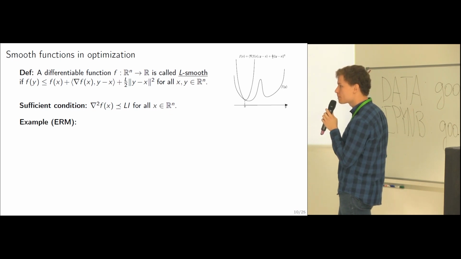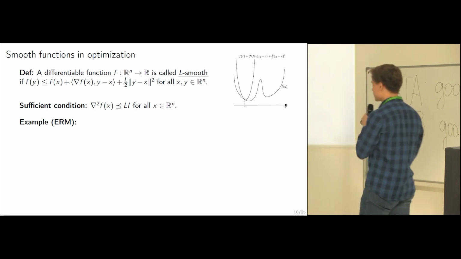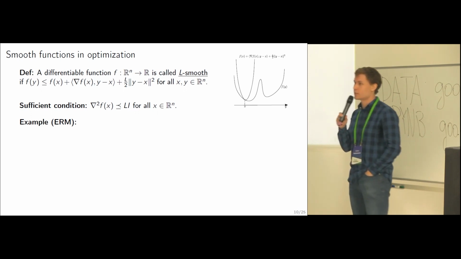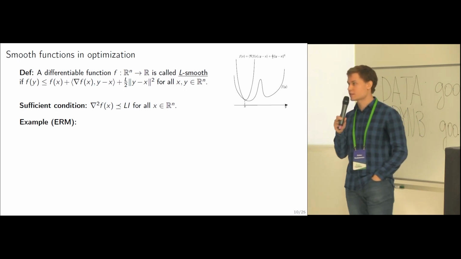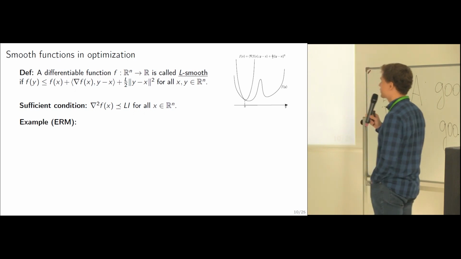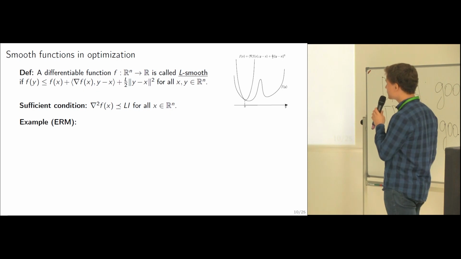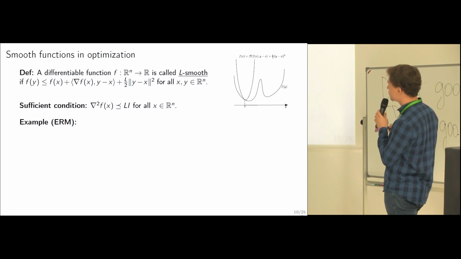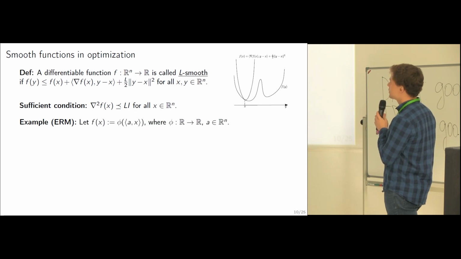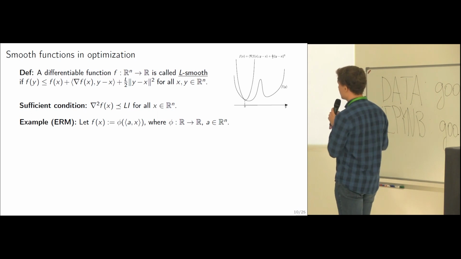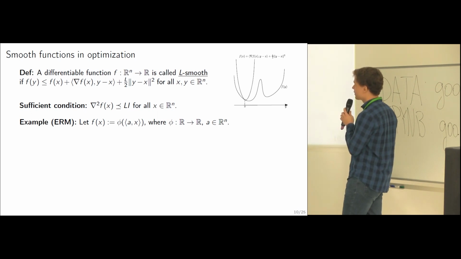This condition is actually related to something which is called Lipschitzness of the gradient of our function. So if the gradient of our function is Lipschitz, then again, this will be a sufficient condition for this to hold. Let us look again at an example to keep things concrete, to better understand the physical meaning.